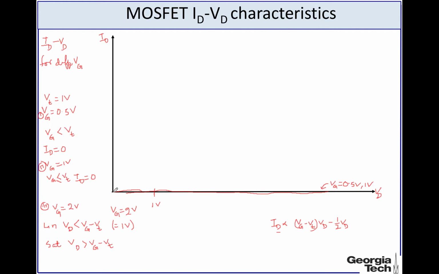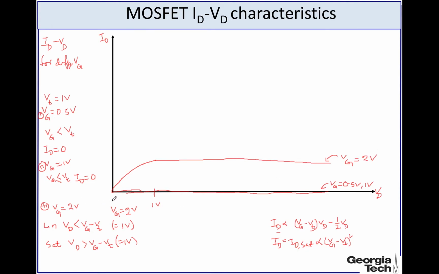So this curve will look something like this, and when VD is larger than 1 volt, our ID will be equal to the saturation current. So ID equals ID sat, which is simply proportional to VG minus VT squared, and it does not have any dependence on the drain voltage, so it will be constant as a function of drain voltage. So this curve will afterwards be a straight line. This is the curve for VG equals 2 volts.